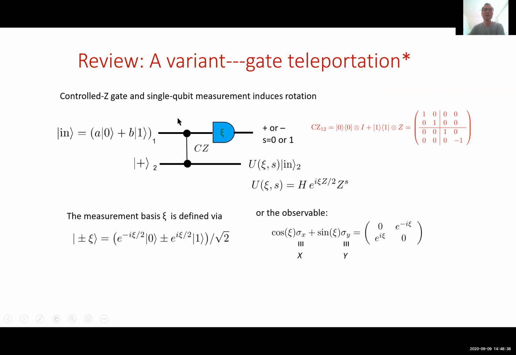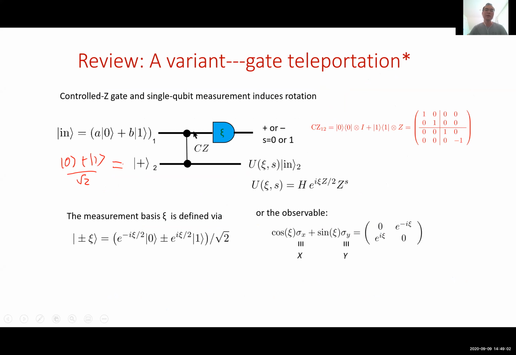Another topic that we mentioned last time is the so-called gate teleportation. What I started with is also an unknown state in A, B superposition. And I have a plus state. Just to remind you, the plus is basically 0 plus 1 over square root 2.